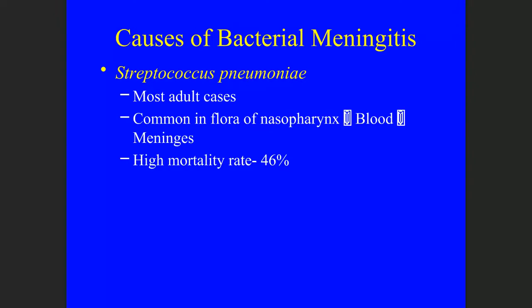The most common cause of bacterial meningitis in adults is Streptococcus pneumoniae. This is the same bacteria that causes pneumonia, and it can cause other diseases, but in adults, it can cause bacterial meningitis. It's spread the same way, through respiratory secretions, causing an infection in the upper respiratory tract, spreading to the blood and to the meninges.